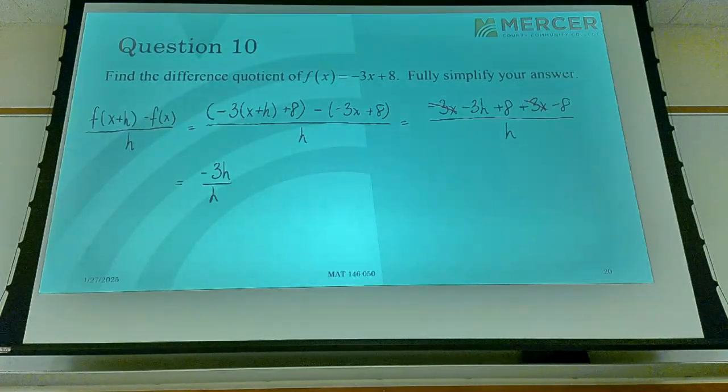Well now, look, that one's easy to see. You have an h common in both the numerator and denominator. Since we're assuming h is not 0, that just becomes 1, and you're left with -3. The difference quotient here is -3.